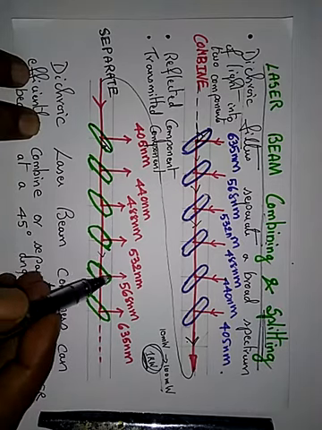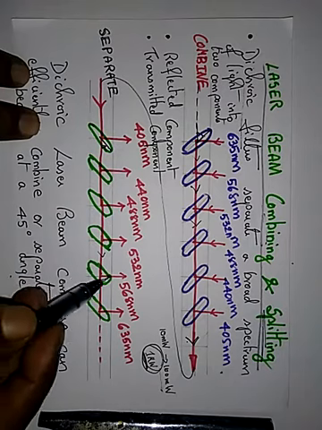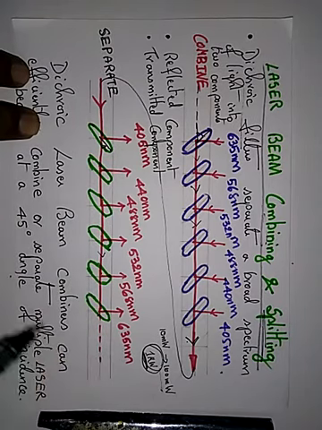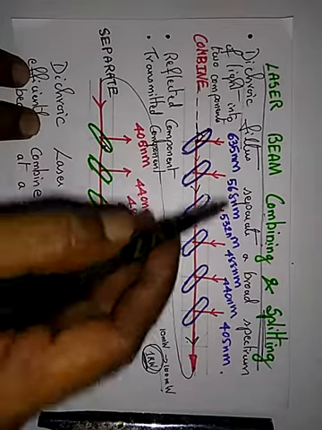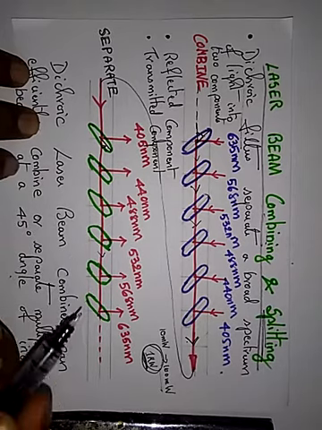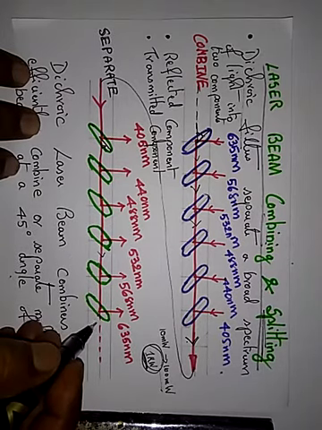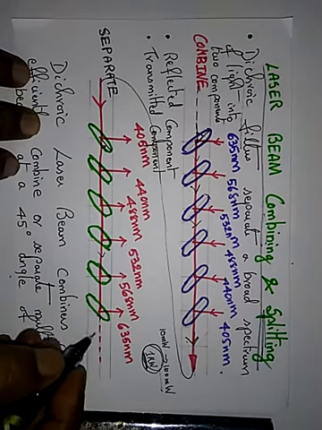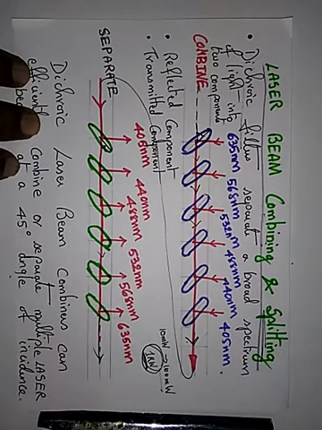So 568 nanometer gets separated because of these dichroic filters, then 635 nanometer. That means all these wavelengths have been separated using the same dichroic filters or mirrors. If there is any noisy output, that will go straight.